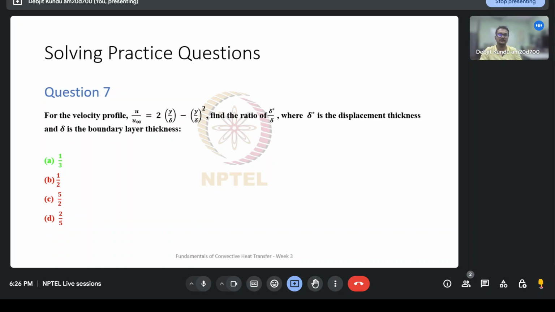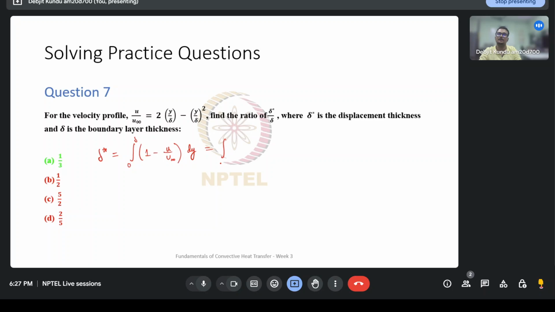And how do we find that? So first of all, we need to find delta star and delta individually. So let's start with delta star. We know that the displacement thickness can be measured like this: integral from 0 to delta of 1 minus u over u infinity into dy.